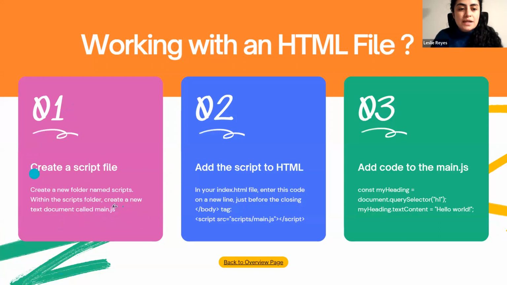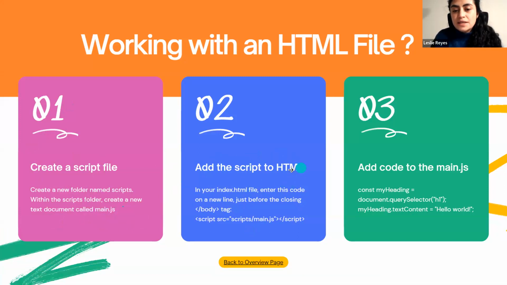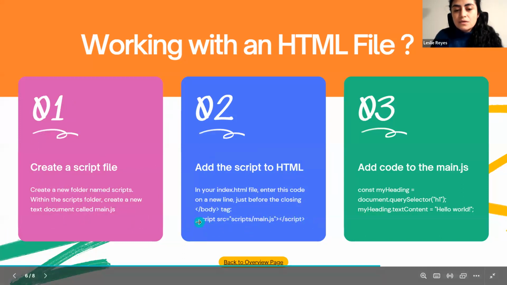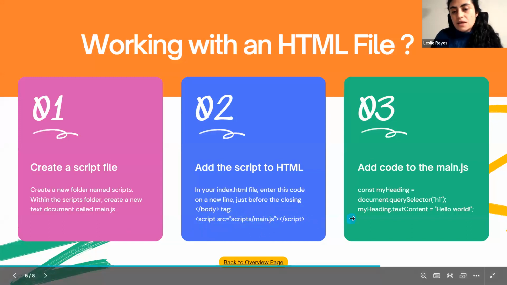The way to link this JavaScript to our page is by adding the script to the HTML. Just before closing the body tag, we set the script tag, and inside the source is where our file is placed.